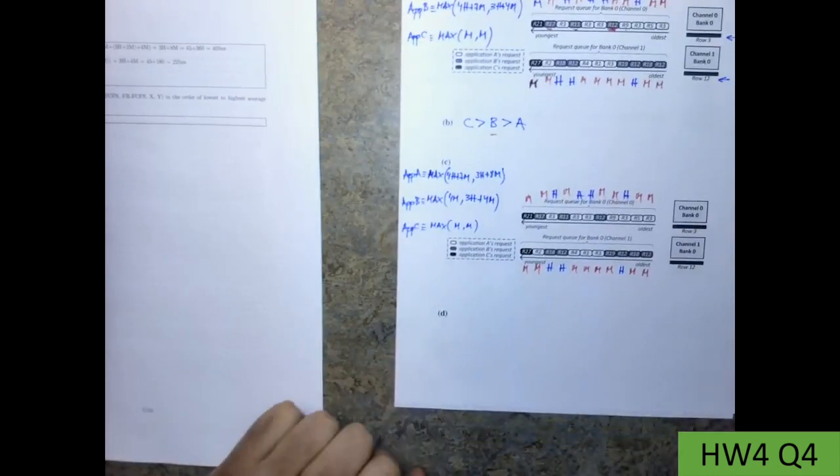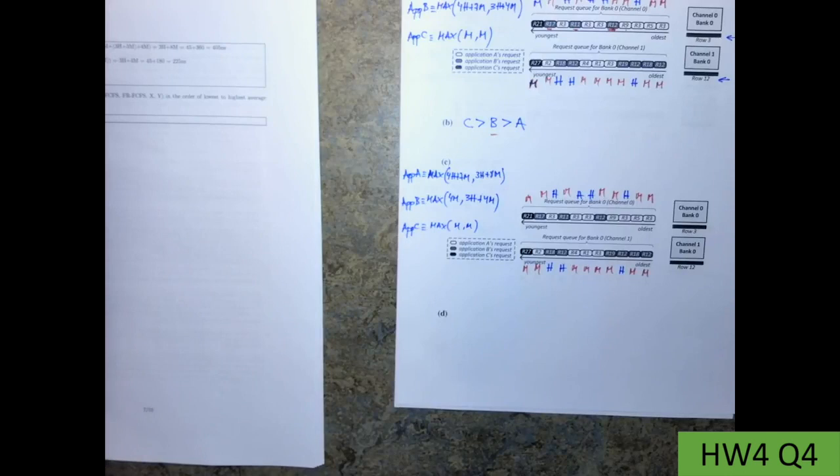And that's actually all. I mean, the last part, D, says order the 4 scheduling policies in the order of lowest to highest average stall time.